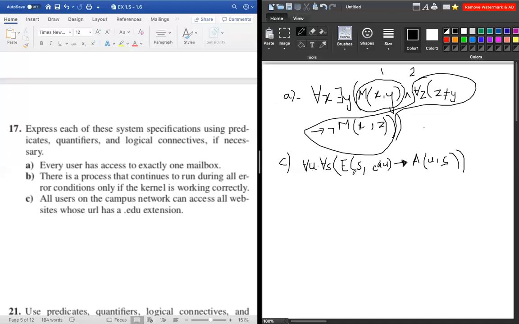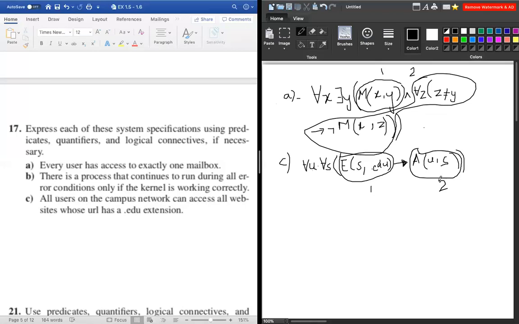So here, this part is part 1, and this is part number 2. Part number 1 basically means that website S has extension .edu.